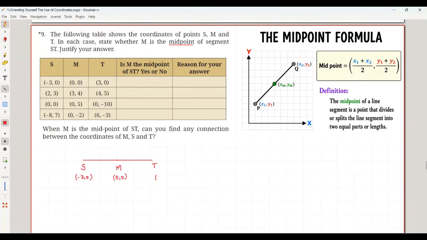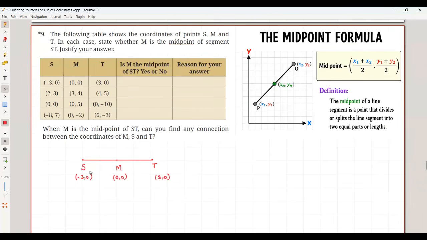And T is given as 3, comma 0. So we have to identify whether M is the midpoint of ST. Midpoint means the distance of SM should be equal to the distance of MT. If SM is equal to MT, we can say M is the midpoint. Before the midpoint formula, by using the distance formula, here we are just checking it.